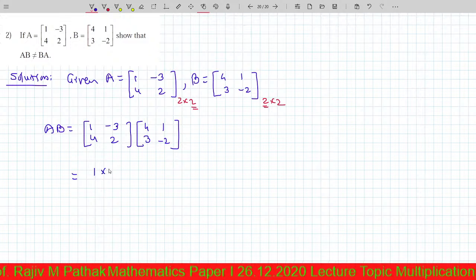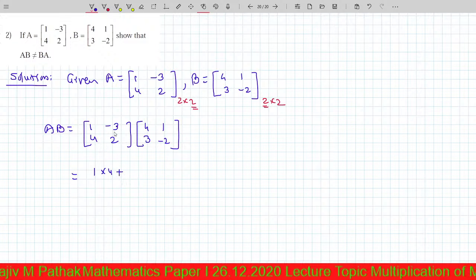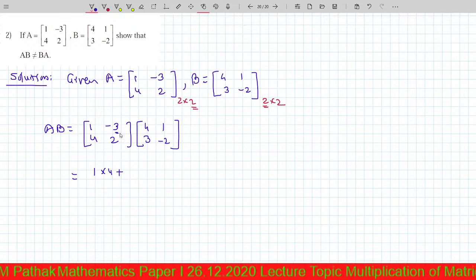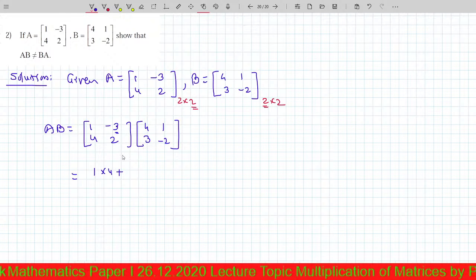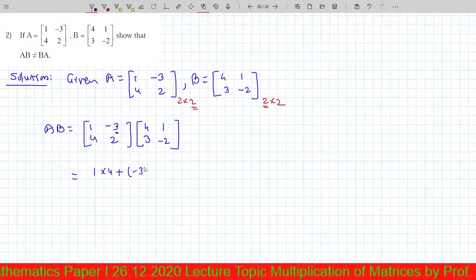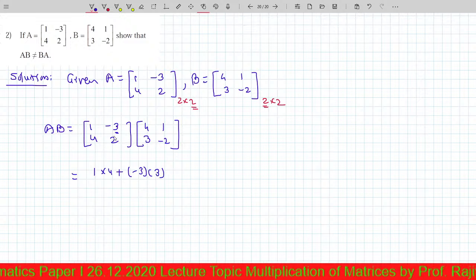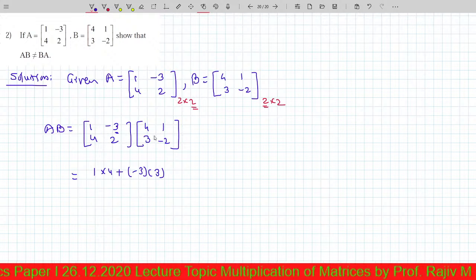So 1 into 4, plus minus 3 into 3. Now the first row and first column multiplication is over.